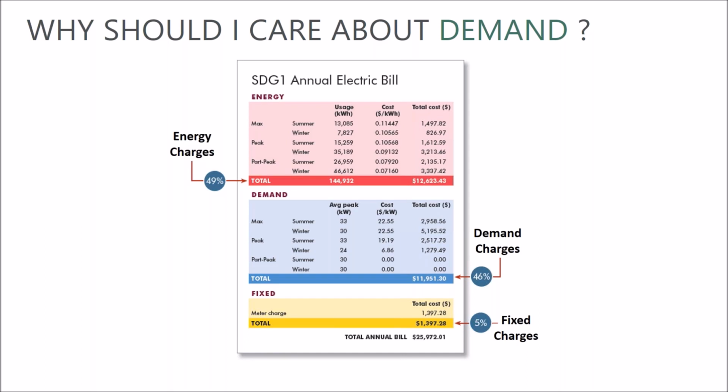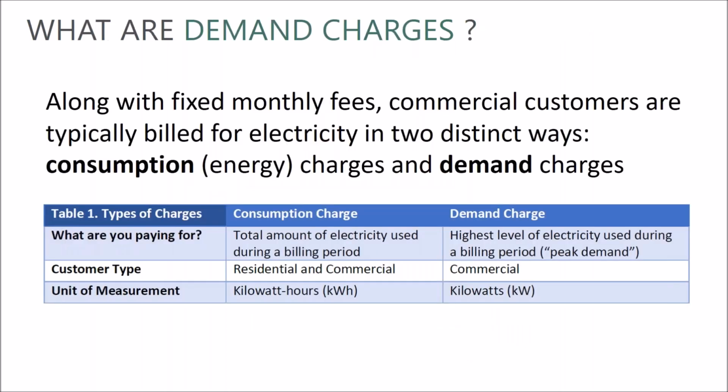And then there are demand charges, and these are per kilowatt. The important takeaway from this real world example is the percentages. You'll see demand charges here account for 46% of the bill. That's not uncommon, and you'll see across the country that in a lot of places, demand charges are a significant portion of the bill, anywhere from a quarter of the bill up to 75%, depending on where you are.